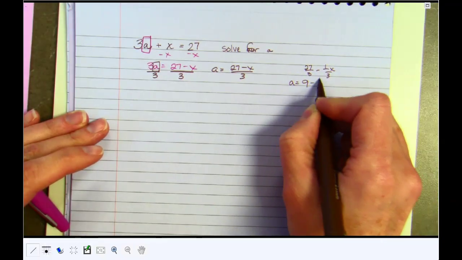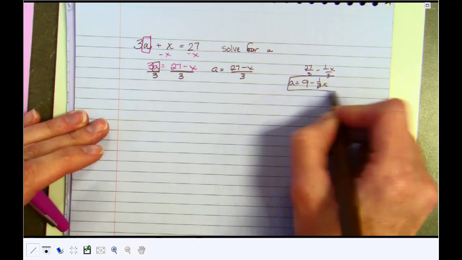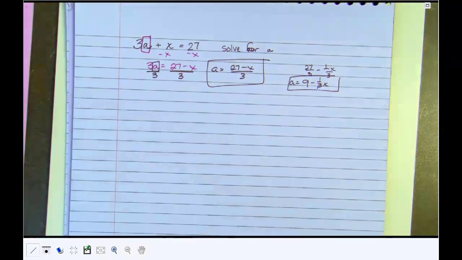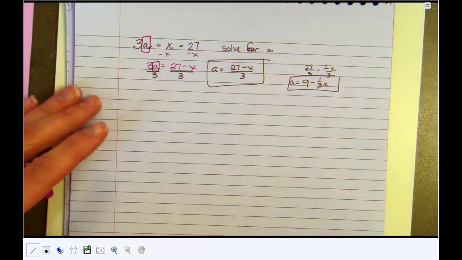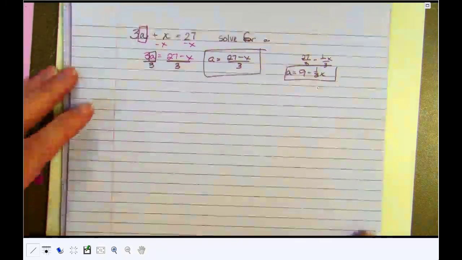So if you had this, that's also an acceptable answer. Both are fine. You do not have to have both, but both are fine. The pattern of solving for something is always the same. You move the piece you don't want, add or subtract, and then you divide. That's pretty much as deep as it gets on the exam.